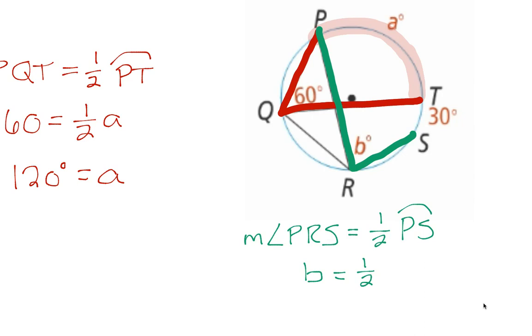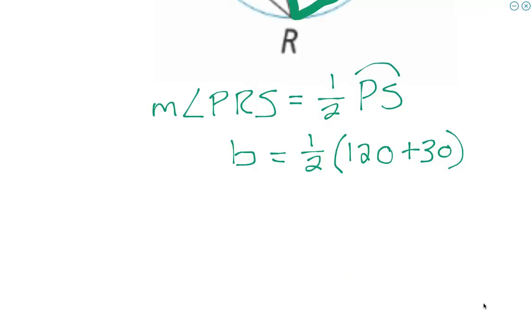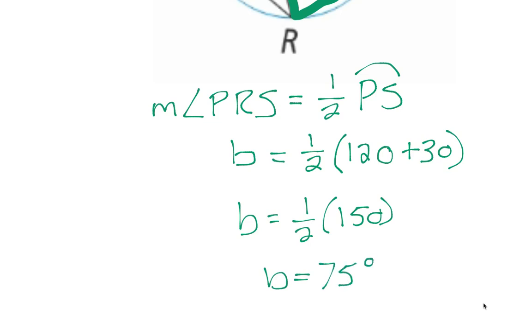So B equals 1/2 of PS, and PS is A plus 30, or 120 plus 30. So B equals 1/2 of 150. So B equals 75 degrees.